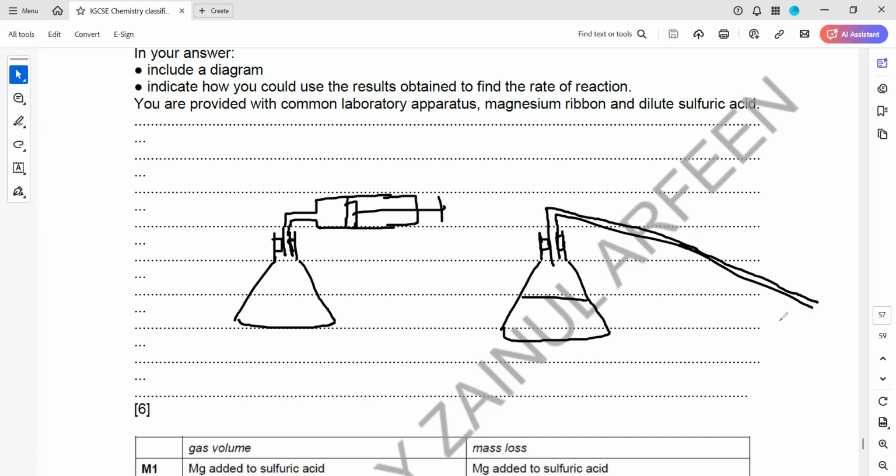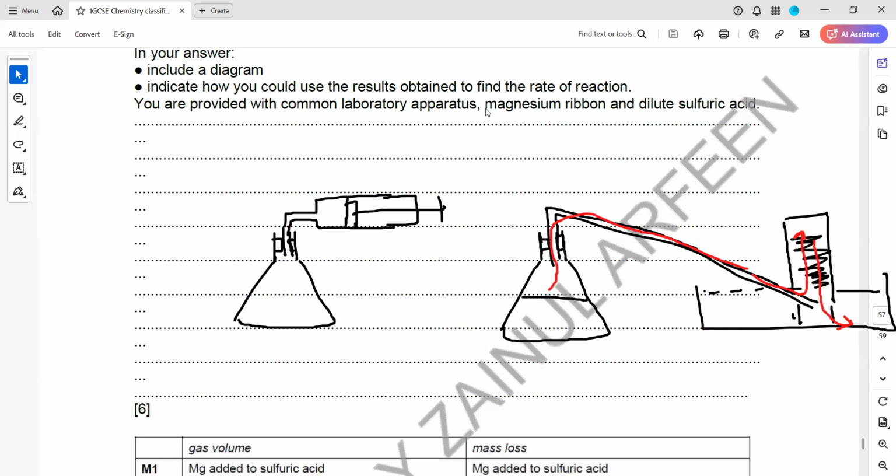So you have a delivery tube, and this is placed in the water, and you have a container here, and the container also has water. So what will happen when this hydrogen gas, or a gas, is given off? This gas will go up and the water will move out. That is called downward displacement of the water.